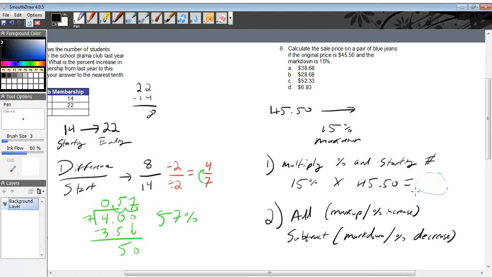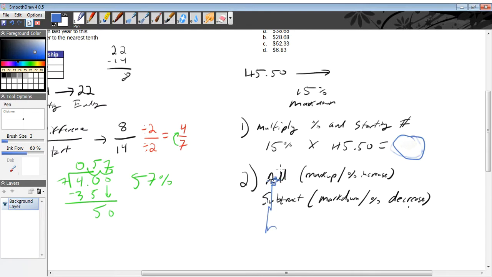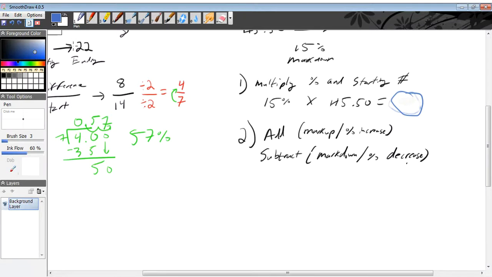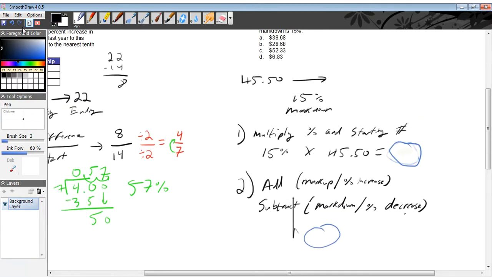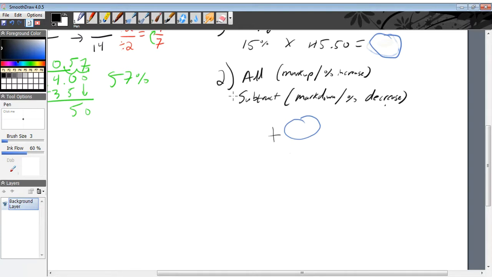Okay, so then we're going to take this answer and we're going to add it to the original cost, which is 45.50.